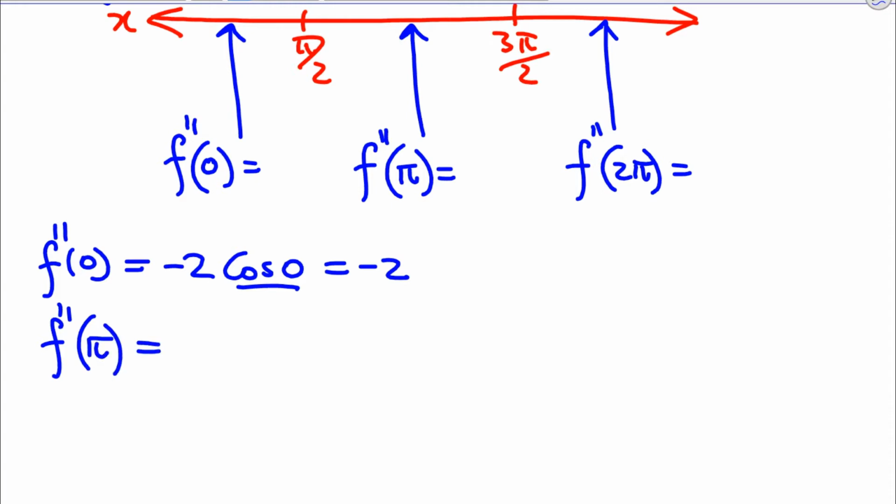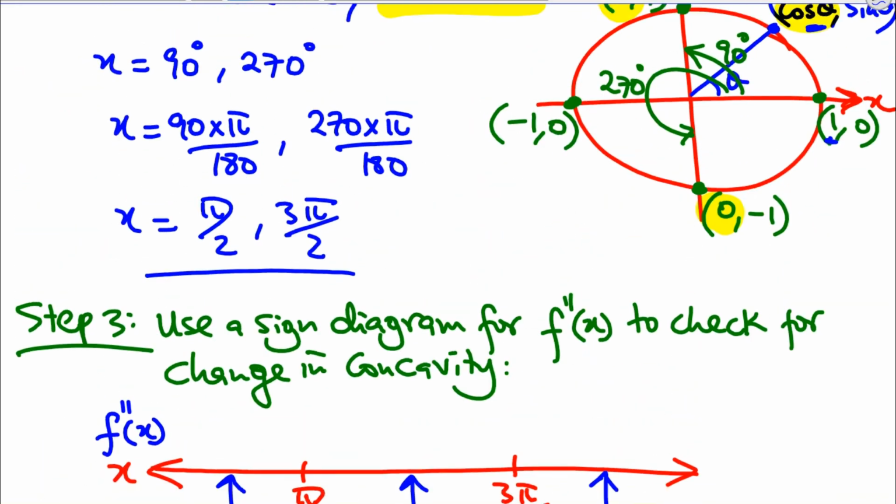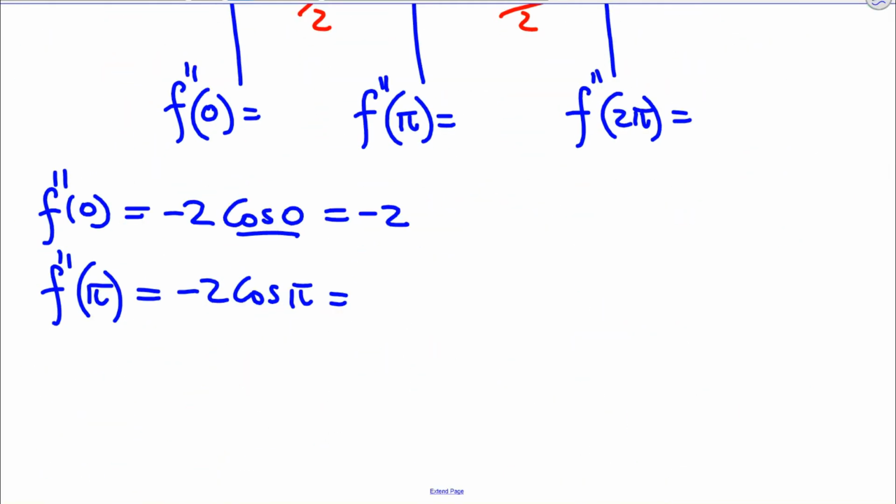When x is pi, then we'll have negative 2 cos pi, and cos 180 is negative 1. So negative 2 multiplied by negative 1 will be 2.